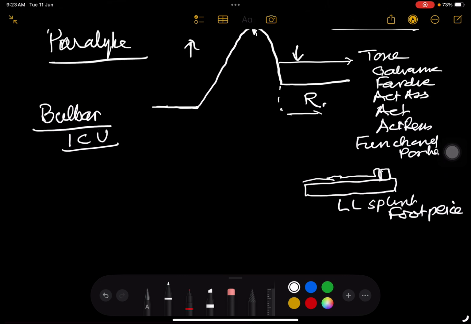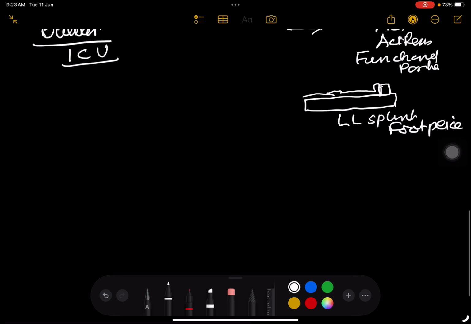You will get the cases in the residual phase, and in the residual phase you have to understand that the patient will usually present with deformity, power loss, and shortness.